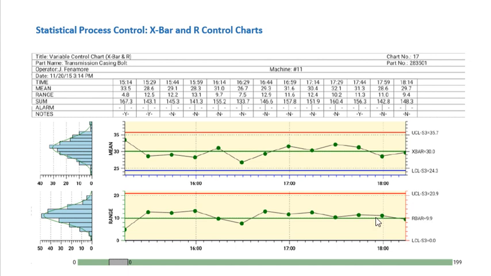We're looking at the range, so you have your average right here, which is your X bar. This is your R bar and this one is your X bar, the mean chart. And we're looking at the process variability, seeing how far away from the center mean. And of course, that's your central tendency, which is your X bar chart.